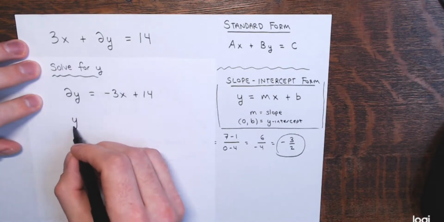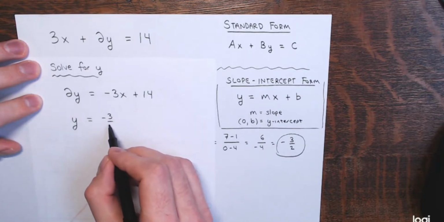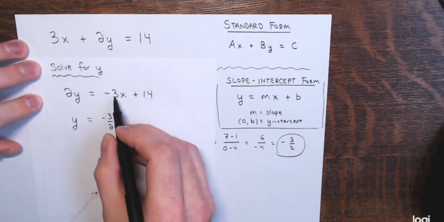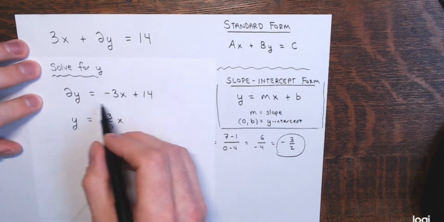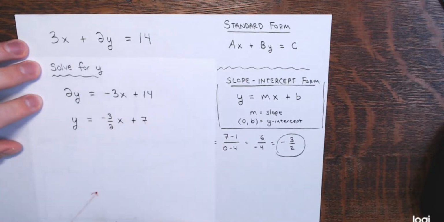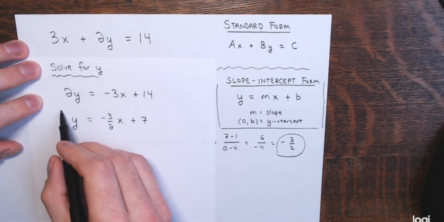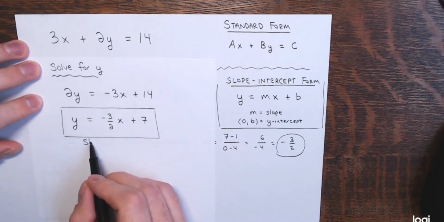So on the left side you have y equals, then here negative 3x divided by 2 would be negative 3 halves times x, right? Negative 3x divided by 2, negative 3 halves x, same thing. And then 14 divided by 2 is positive 7. And look at this. Now I'm in slope-intercept form. Right, one more time, I'll just write slope-intercept.